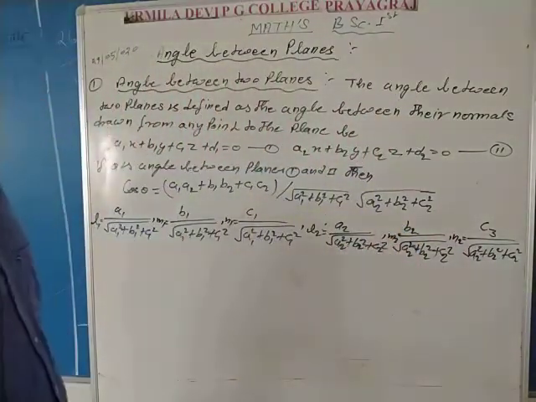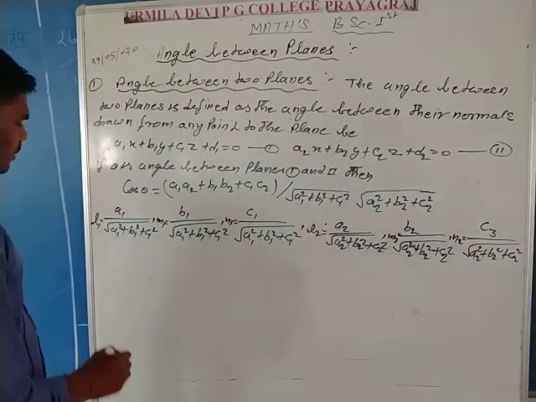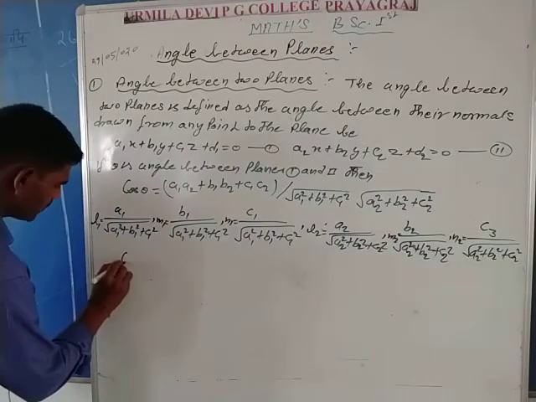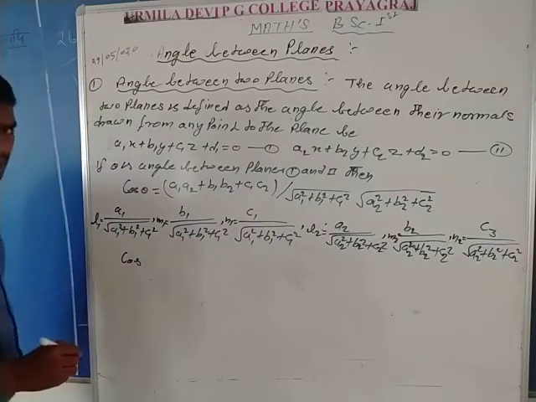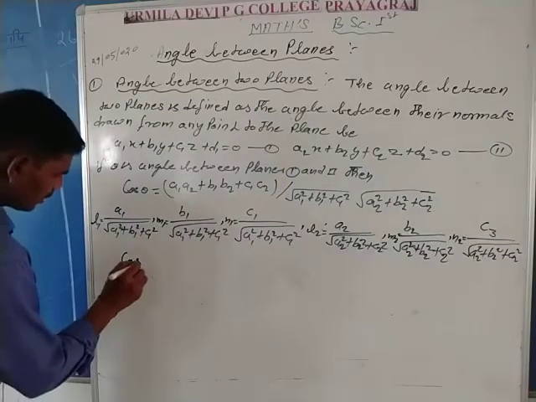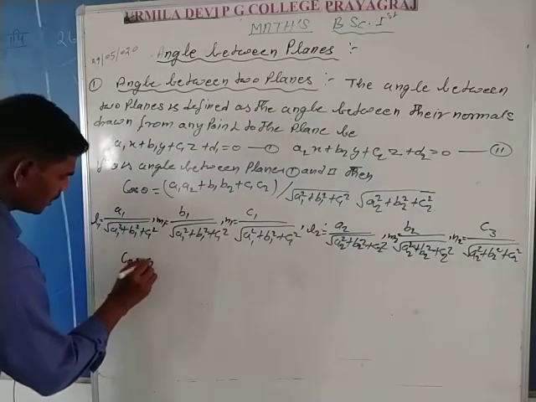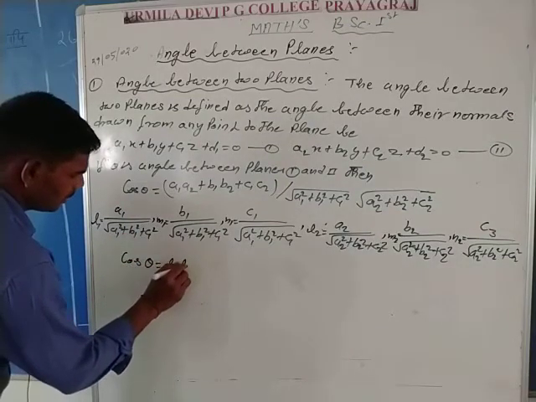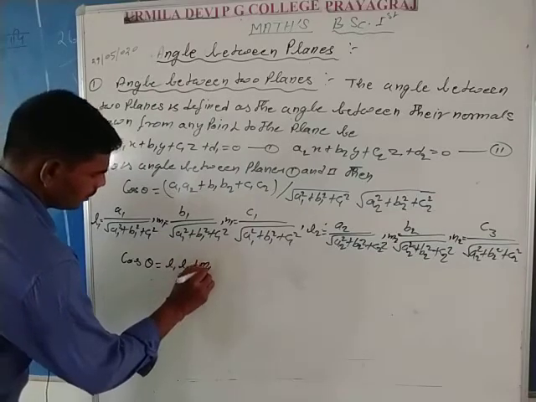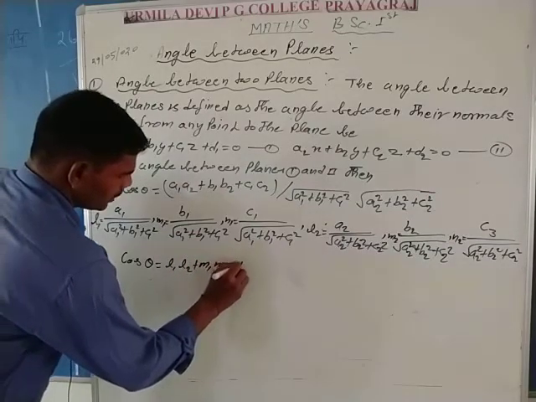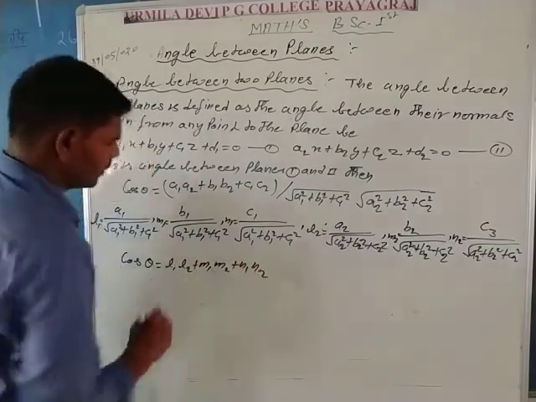If theta is the angle between two lines, here the lines are normals, then cos theta is equal to l1 l2 plus m1 m2 plus n1 n2.